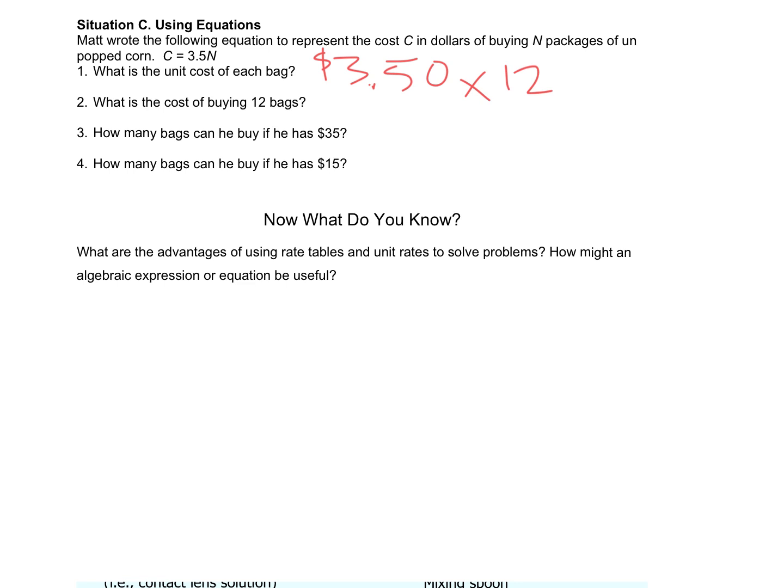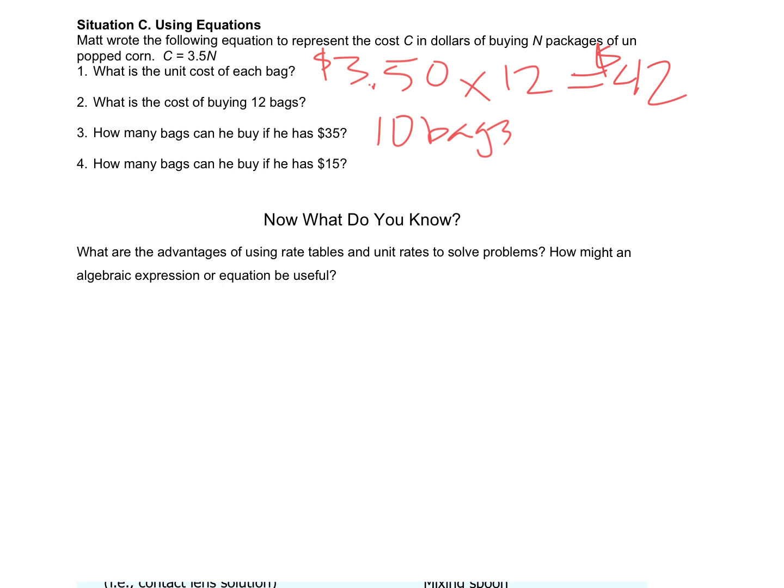So 7 times 6 is 42. All right. How many bags can he buy if he has $35? I'm going to look at that $3.50 a bag and look at that ratio. If I times that by 10, I'd get 35, so it's 10 bags.